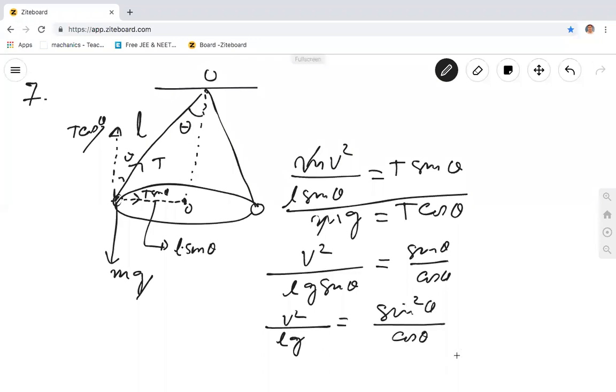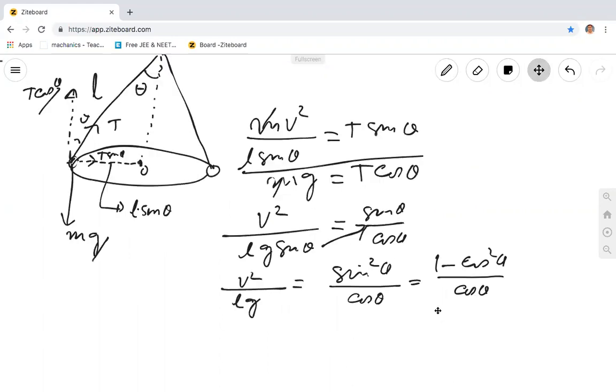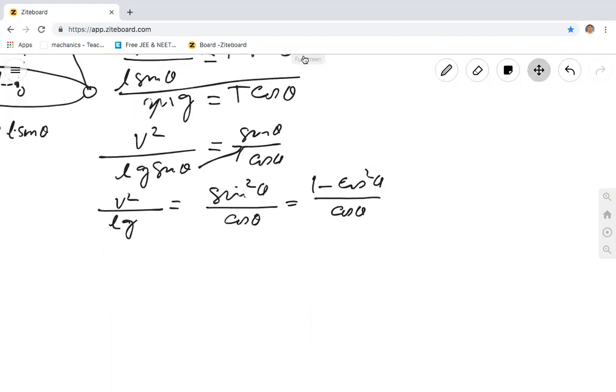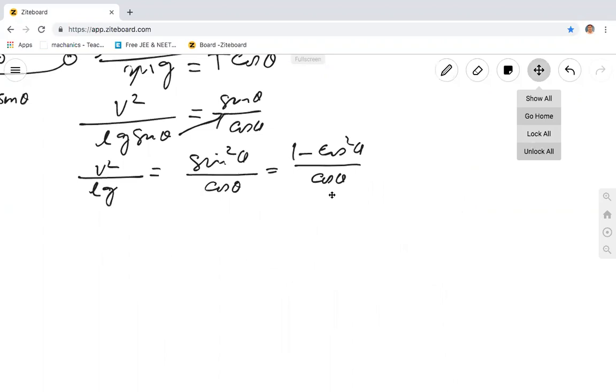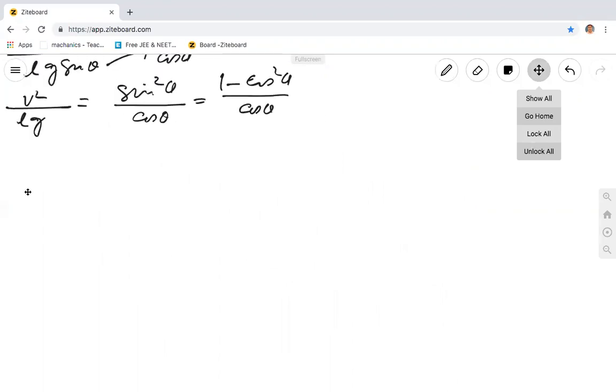Put it here. Yes, sir. It is 1 minus cos square theta by cos theta. Do you agree with me? Good. Have patience. Sometimes you lose patience and try to run away from the lecture. Okay. Now, let me write an equation.